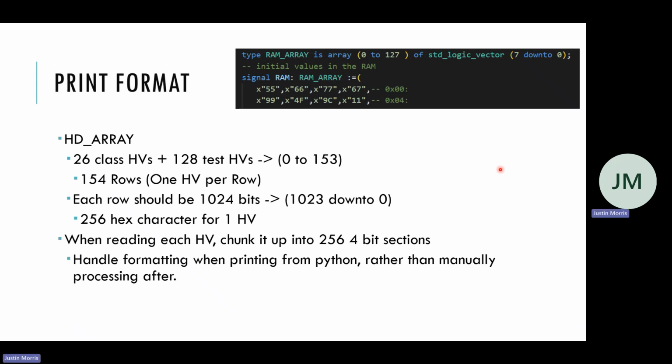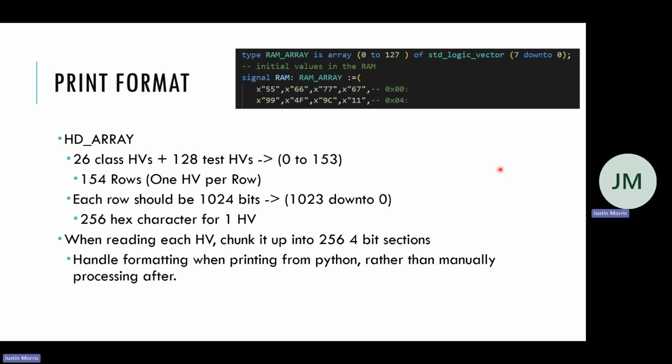And then for each one of your starting hypervectors, when you loop back around, you print X, you print the parentheses. And then when you start looping through the dimensions, you print the 256 hex characters. And then you print a comma, start again.